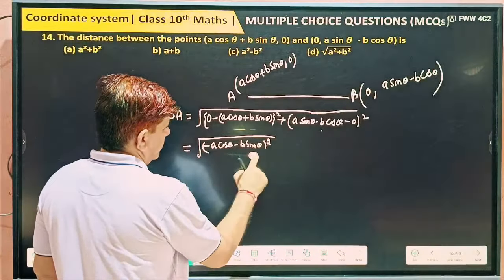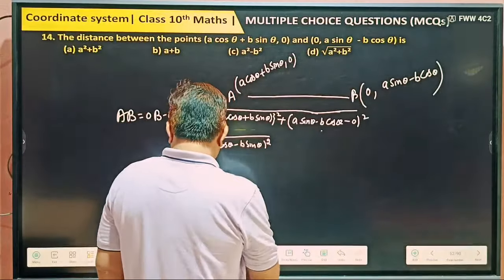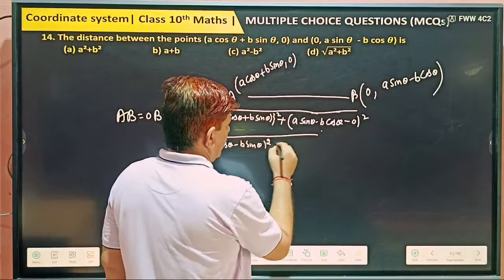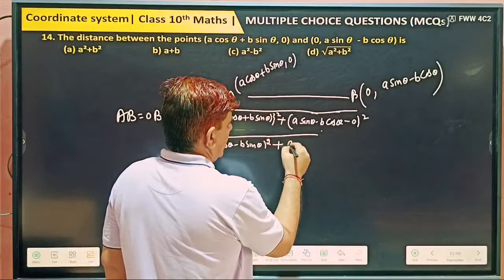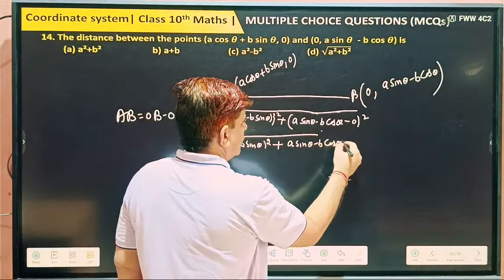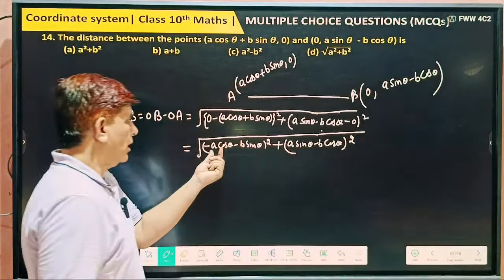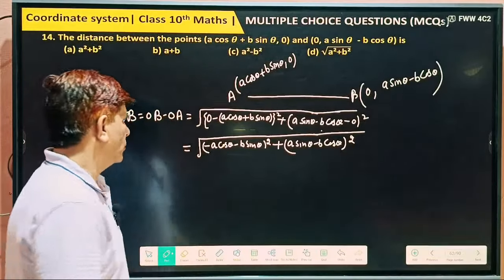Right or wrong? Understood? Just calculation. Plus A sin theta minus B cos theta, whole square. Find out. So what has it become?